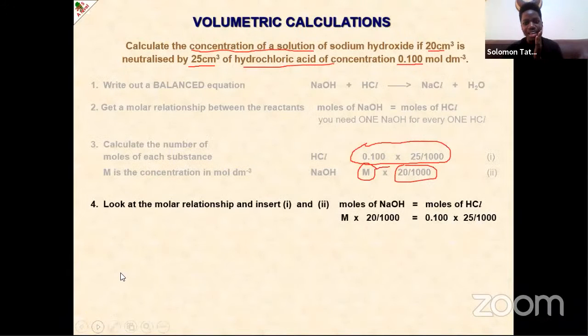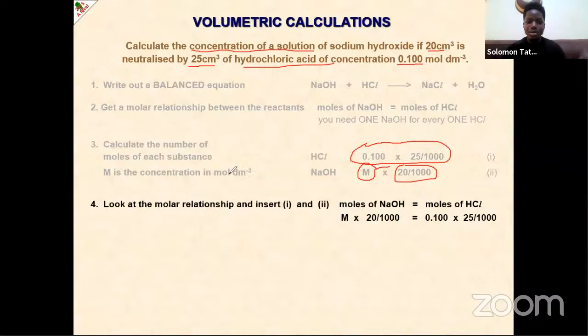So once you've done that, you can now use our mole ratio here, which is moles of sodium hydroxide are equivalent to the moles of HCl, meaning that this expression here is equivalent to this expression. You see the trick we have used by using an unknown. We have expressed the moles of HCl as its concentration times the volume.